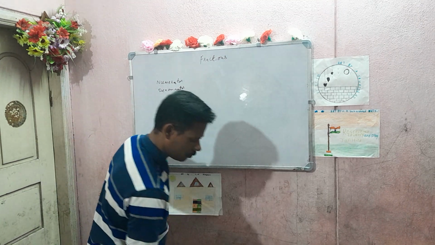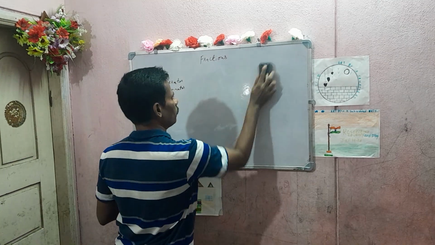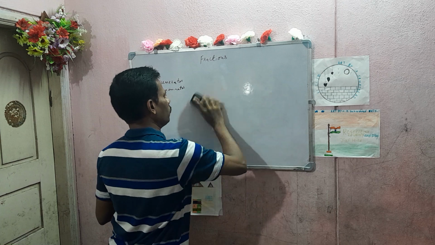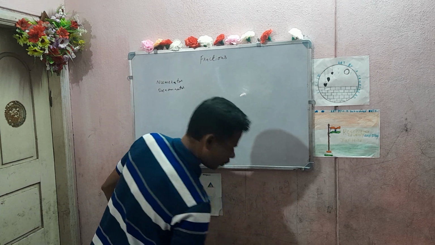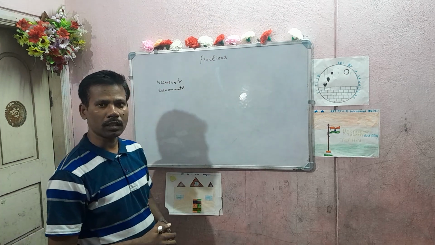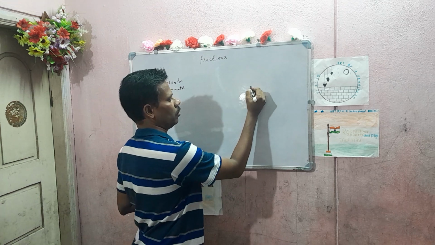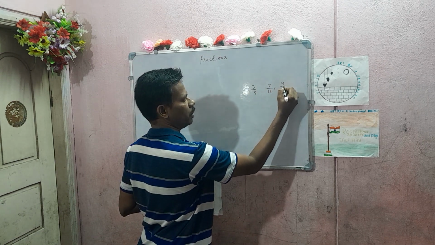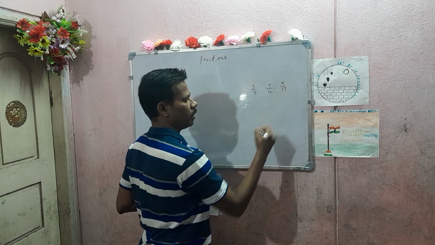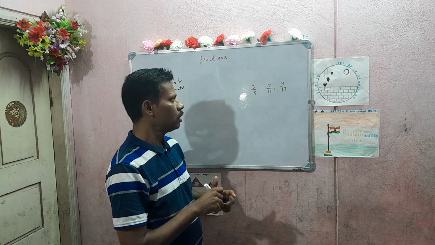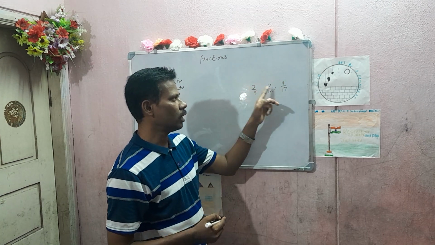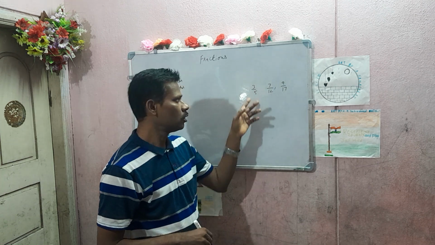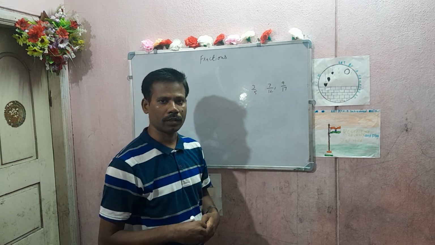Next, proper fraction. Proper fraction means numerator is less than the denominator. 3 by 5, 7 by 12, 9 by 17. You see this example? 3, 7, 9. Numerator is less than the denominator, so they are called proper fractions.